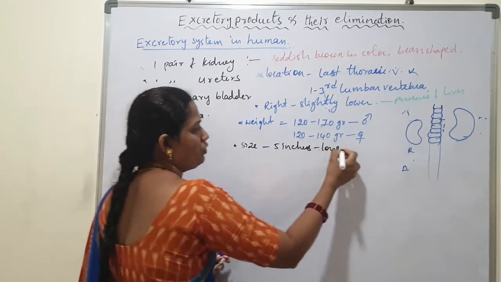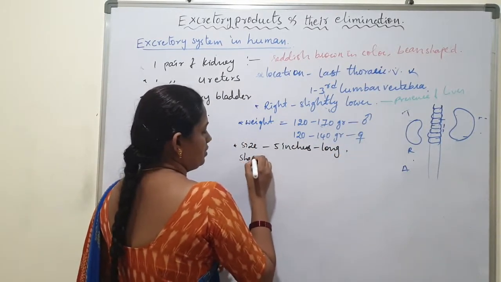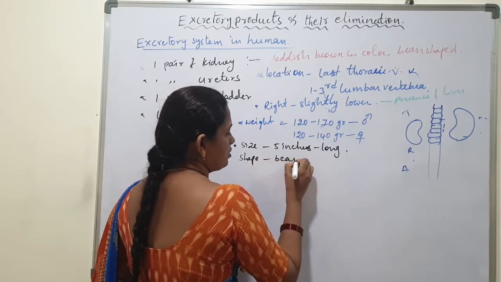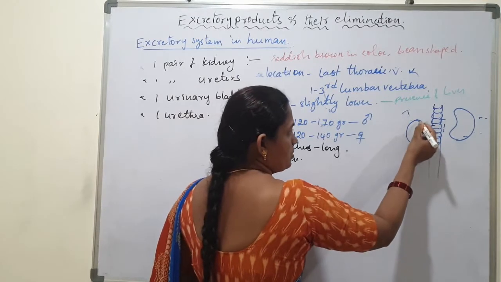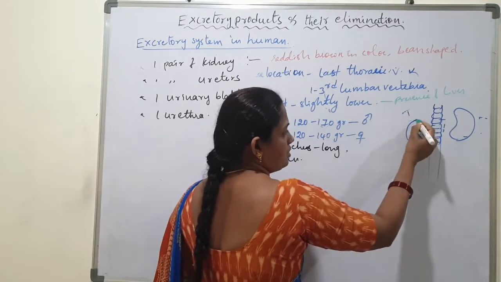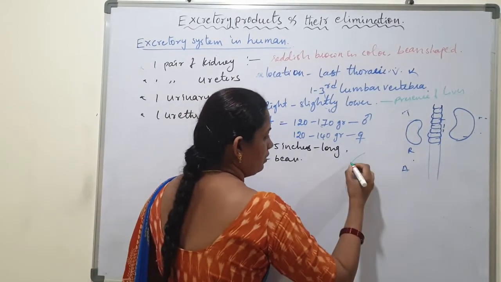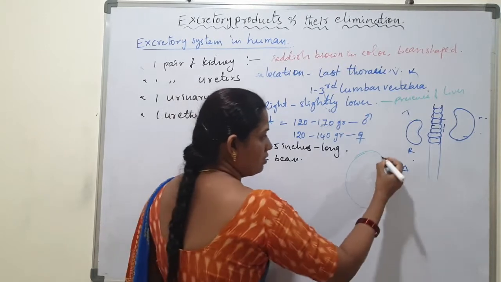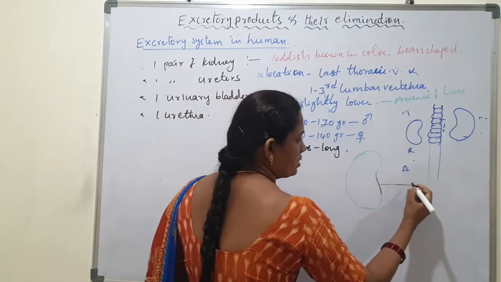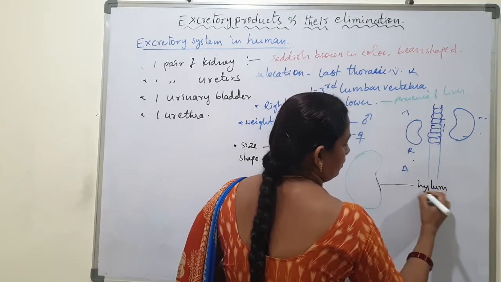Next, shape. We know very well the shape is bean shape. In this bean shape, the concave surface is called the hilum. For example, this is the kidney, and this concave side is called the hilum.